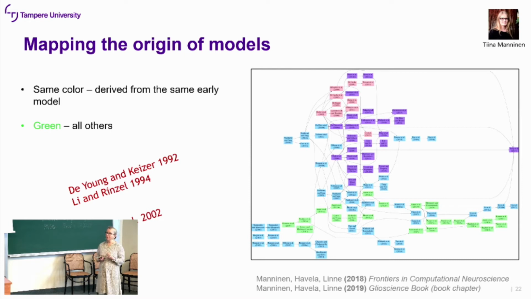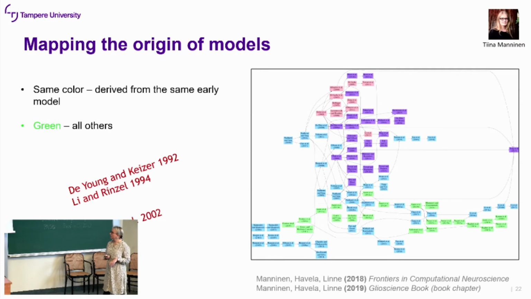Basically all these models are either this type called de Jong-Kaiser combined with the Lee-Ringel approach, a little bit more phenomenological model to reconstruct the calcium signal, and then another more biophysical Hofer model. So there are basically three different types of models here, and then these green ones are individual, slightly different models. So the situation is completely different than for neuron modeling, where we have specialized models for each cell type in the brain.